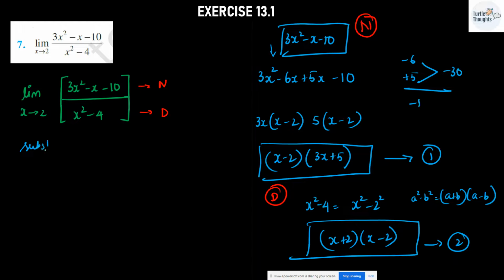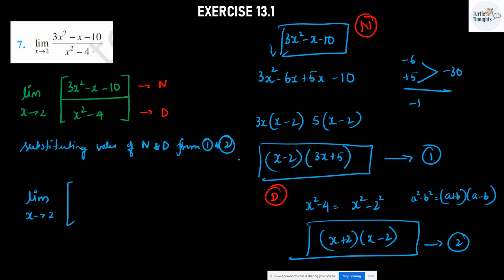Substituting the values of n and d, that is numerator and denominator, from 1 and 2, I can write the limit as the limit of the function as x tends to 2, 3x square minus x minus 10, now it is going to be x minus 2 multiplied by 3x plus 5 divided by x plus 2 multiplied by x minus 2.